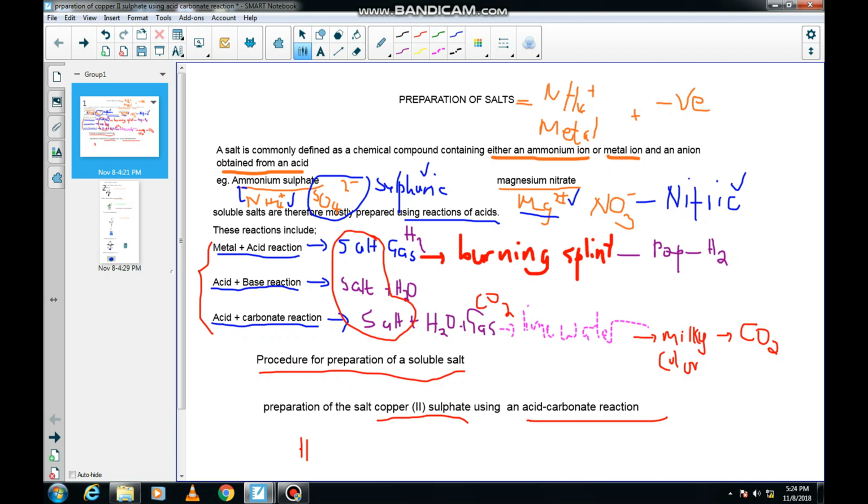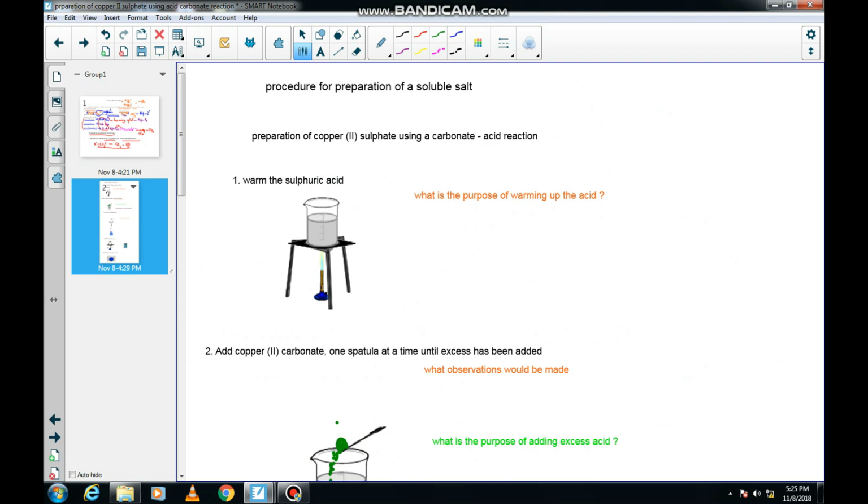An acid will react with a carbonate, CO3 2-, to produce a salt, carbon dioxide, and water. This is the ionic equation for the reaction. I want to encourage you to do a little bit of practice on ionic equations. Let us look at the procedure.